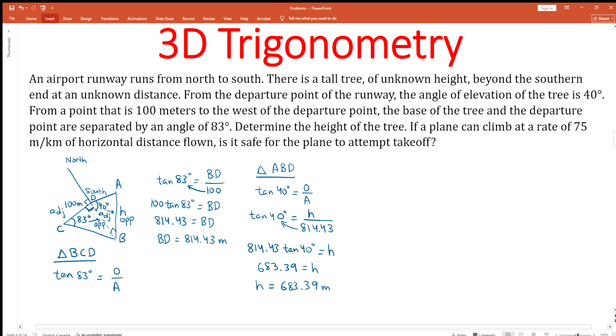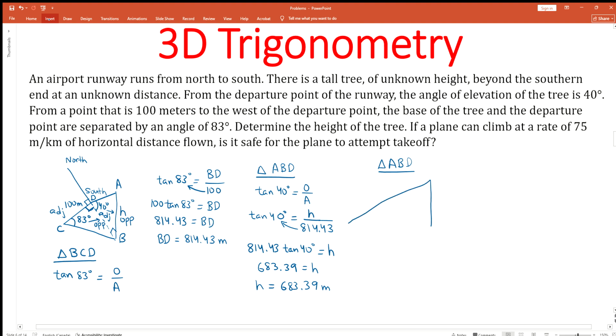As per the second part, if a plane can climb at a rate of 75 meters per kilometer of horizontal distance flown, is it safe for the plane to attempt takeoff? In this part, we have to find whether a plane that can climb at a rate of 75 meters per kilometer of horizontal distance flown can fly over the tree or will it crash into the tree. For that, we need to analyze triangle ABD. I will draw it again.